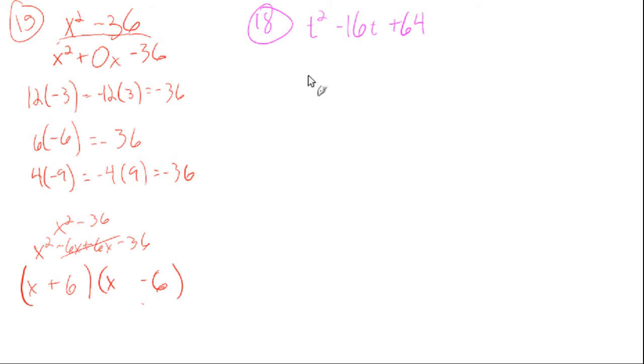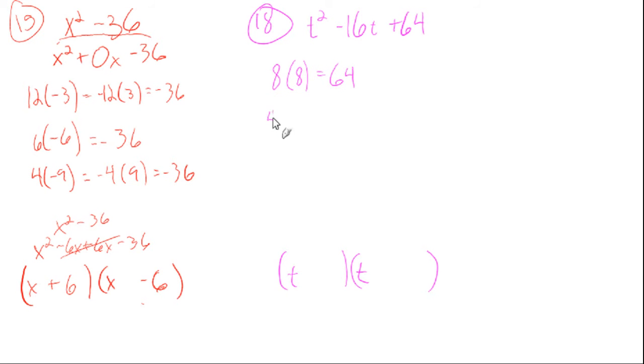All right, so let's work on factoring this out. We need to fill in these 2 parentheses. This would be t, and these 2 numbers here are going to multiply to make 64 and add to make negative 16. So let's think about the numbers that could multiply to make 64. 8 times 8 is 64.